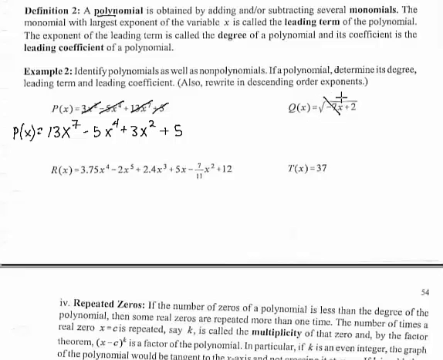This q is not a polynomial. Radical expressions typically are not polynomials.